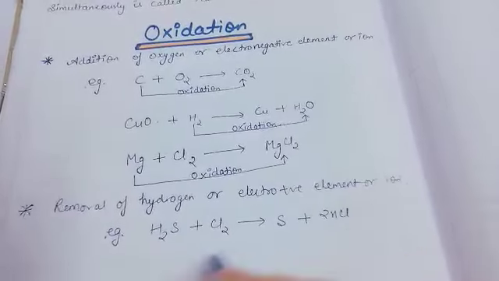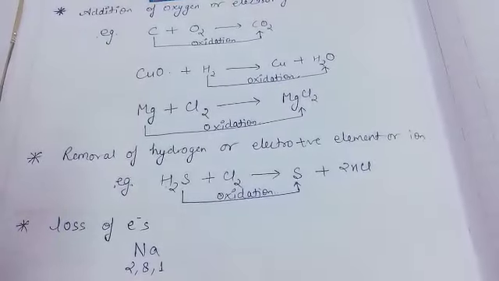Now the third definition of oxidation is loss of electron. If there is loss of one or more electrons, that is also known as oxidation. For example, sodium, Na: its electronic configuration is 2, 8, 1.